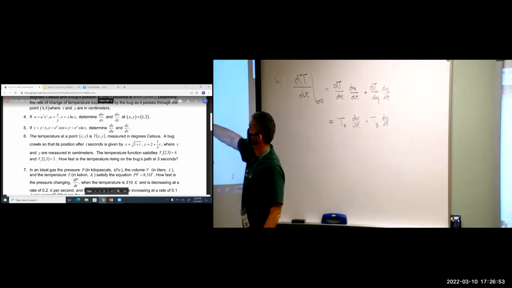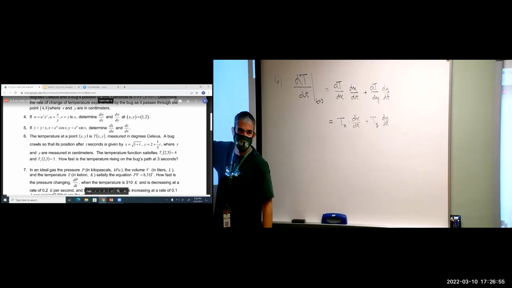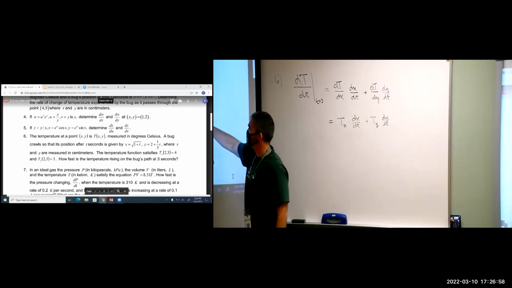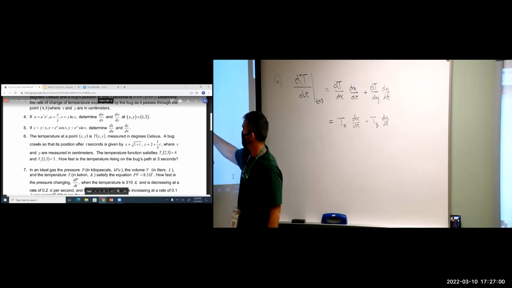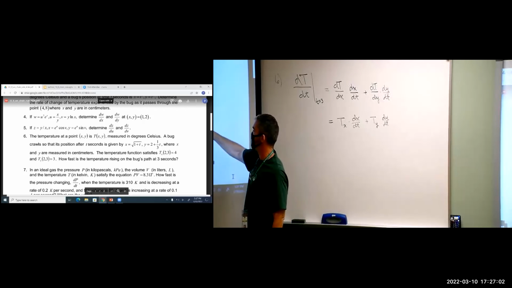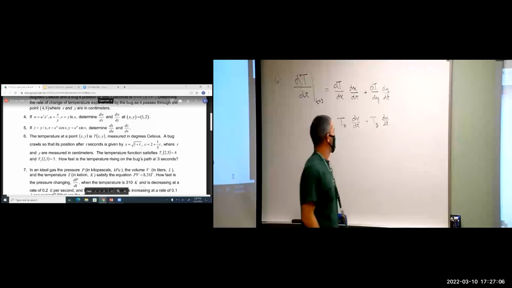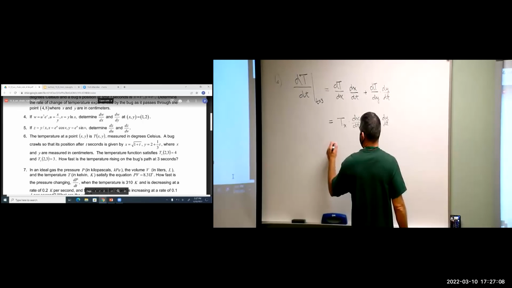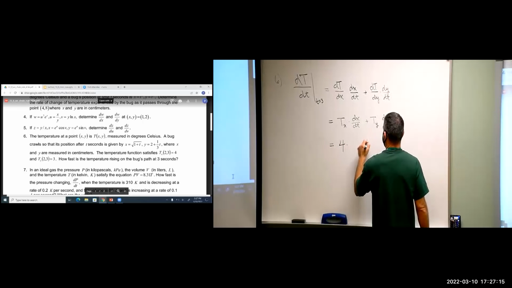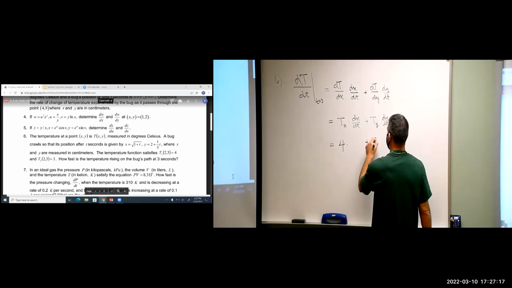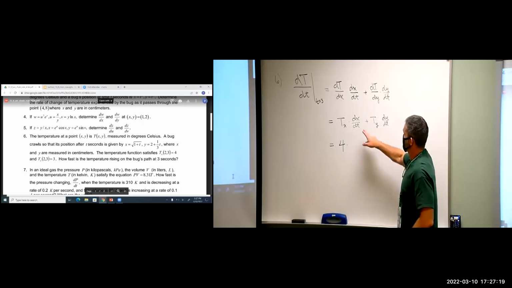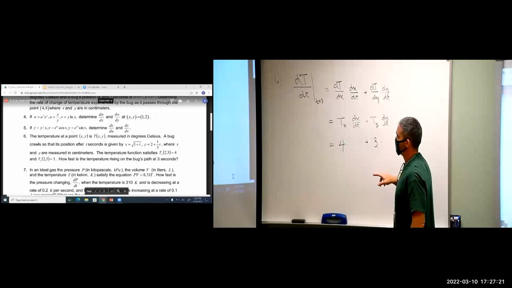X will be 2 and y will be 3, which is perfect because we're given T sub x at (2, 3) and T sub y at (2, 3). So we already know that T sub x is 4, and we know that T sub y is 3. dx/dt and dy/dt we still have to find.